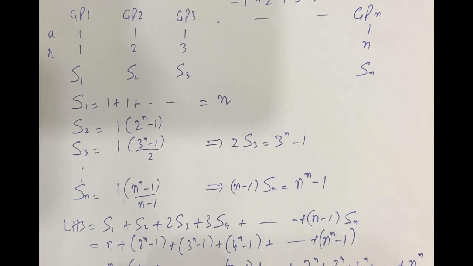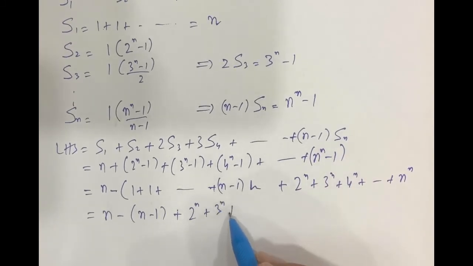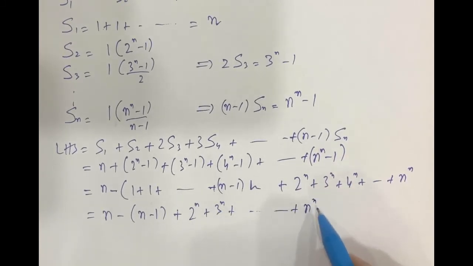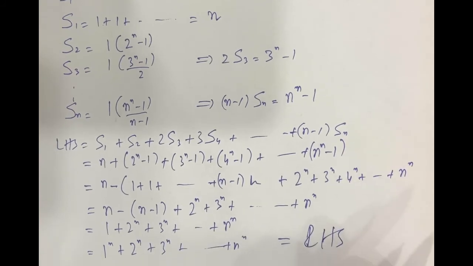This is n minus 1 plus 1, n minus 1 times is n minus 1, plus these terms as it is: plus 2 raised to n and then 3 raised to n and so on up to n raised to n. This is 1 plus 2 raised to n plus 3 raised to n, the extra terms will cancel out, up to n raised to n, and 1 can be written as 1 raised to n, and so on. This is what we wanted to prove. This is same as the right hand side.